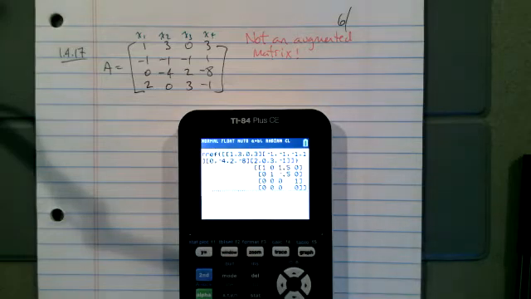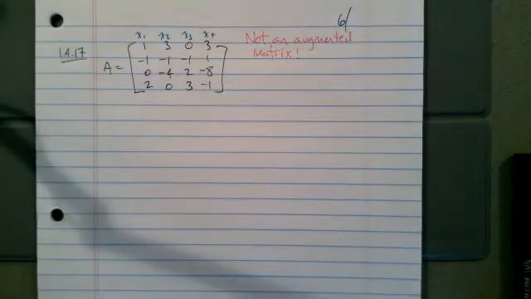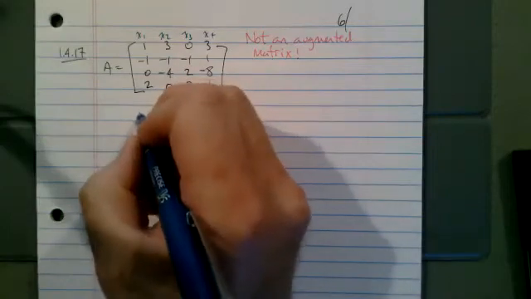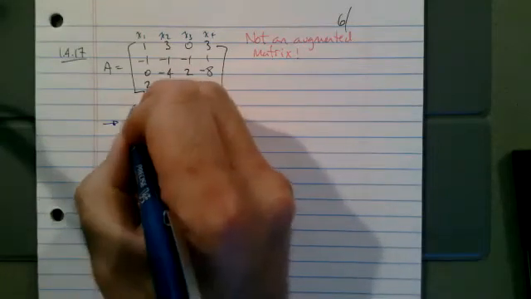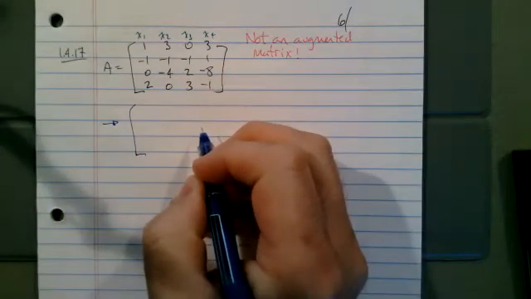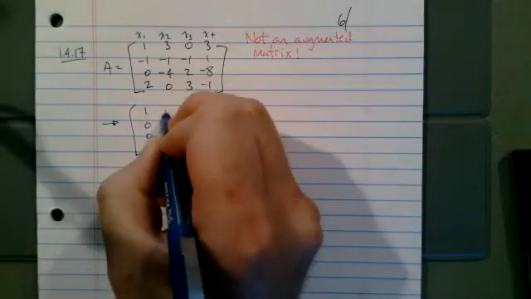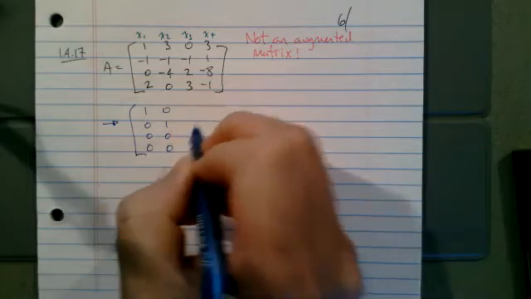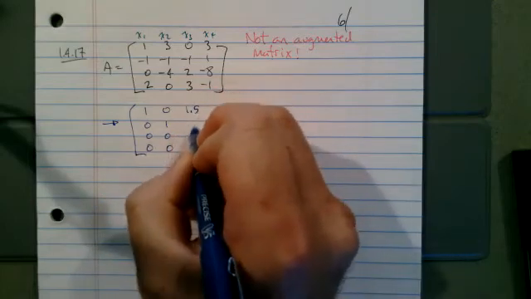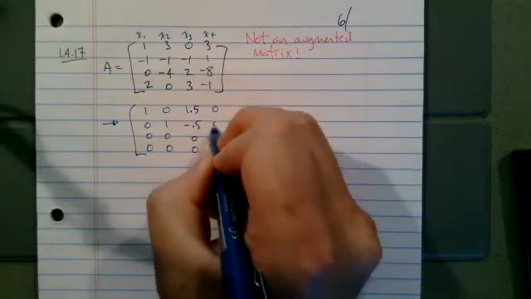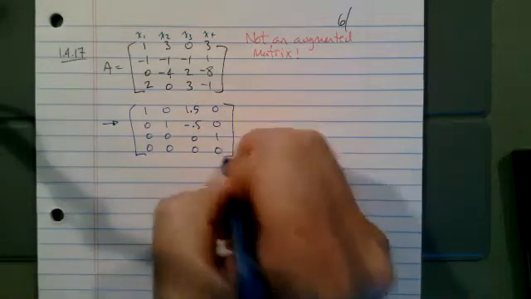So here's the reduced row echelon form of the matrix A. I'm going to write it down. I'm not going to say equals because this is not equal to this matrix. I'm going to say we perform some row operations. And by columns, our reduced row echelon form is 1, 0, 0, 0, 0, 1, 0, 0, 1.5, -0.5, 0, 0, and then 0, 0, 1, 0.